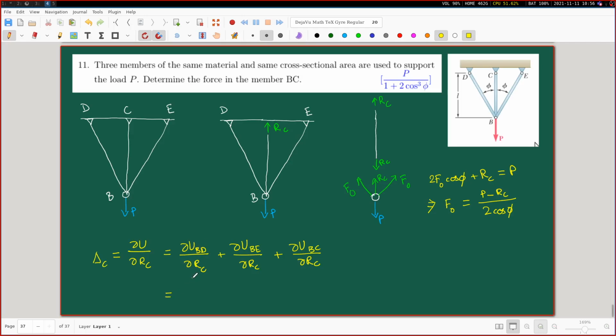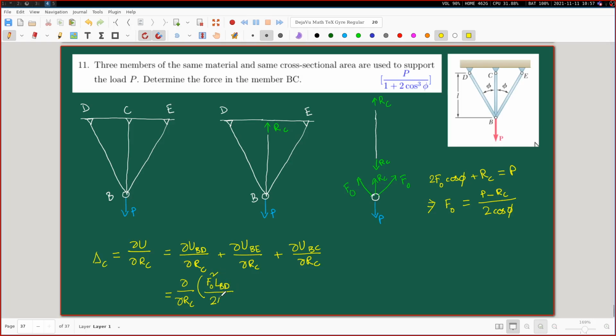You tell me, what is the expression of this UBD? Consider only the axial stretch. What is the axial force in this member BD? It is nothing but F naught. So F naught square LBD divided by?